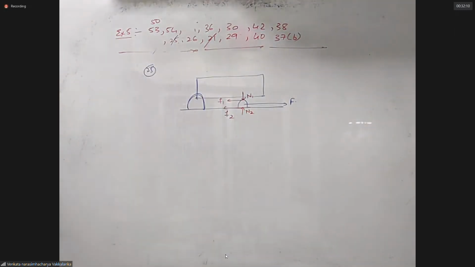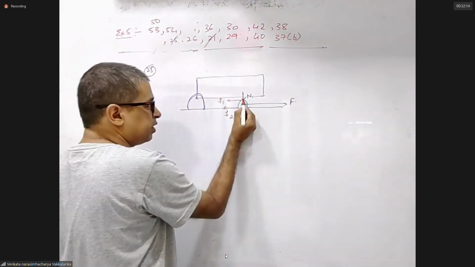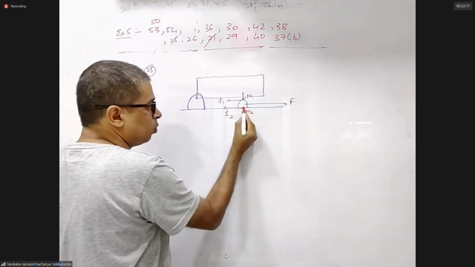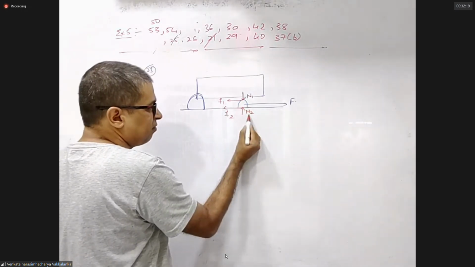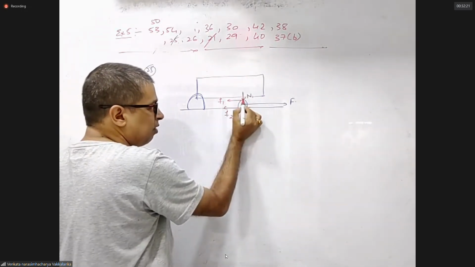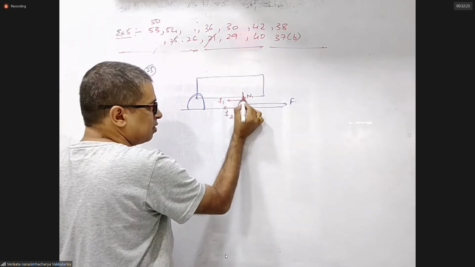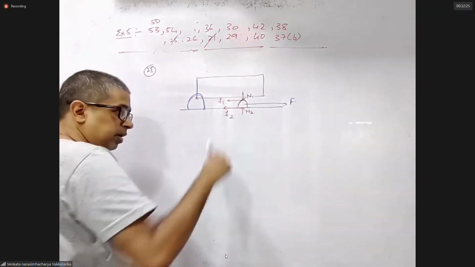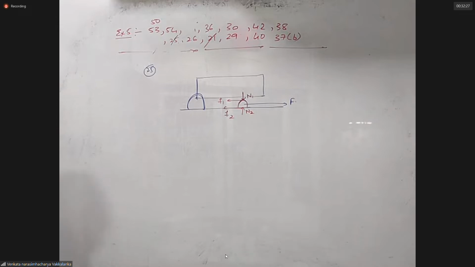Firstly, did you understand this free body diagram? Here also I will have friction F1, here also friction F2. Normal force on this surface I am taking N2. Normal force on this surface because of the upper block I am taking N1 downwards. Firstly, free body diagram. Everybody clear with that?